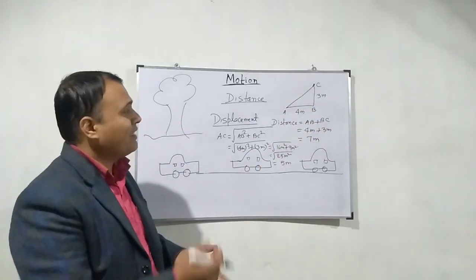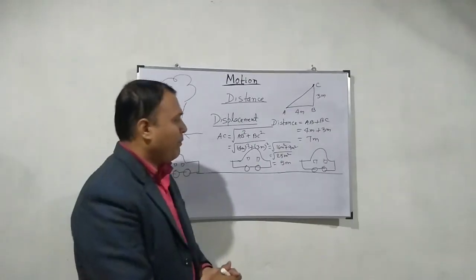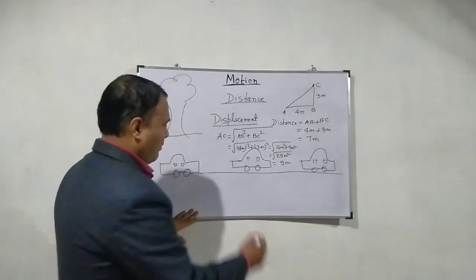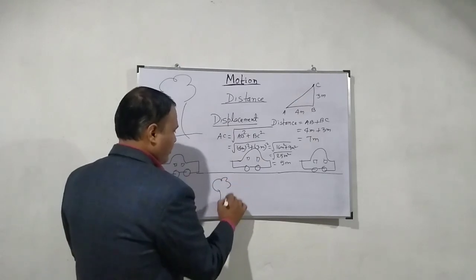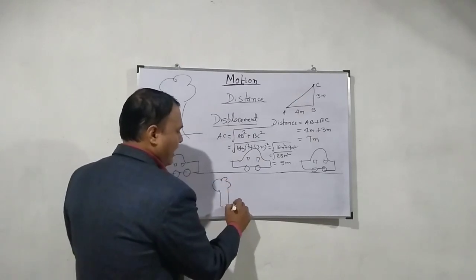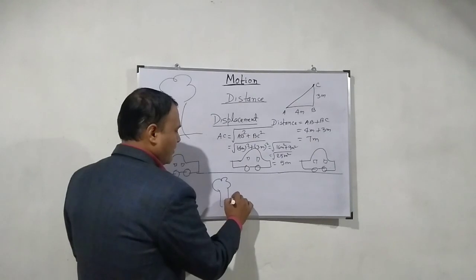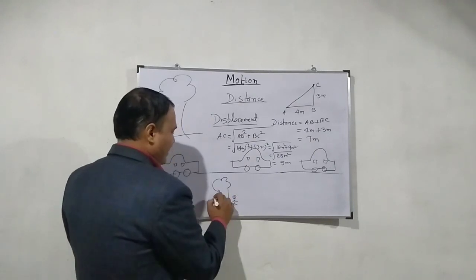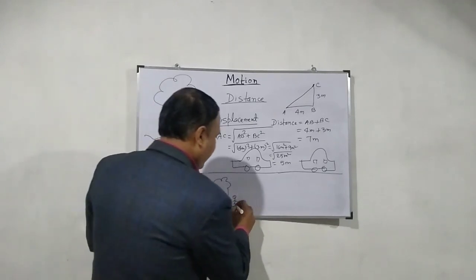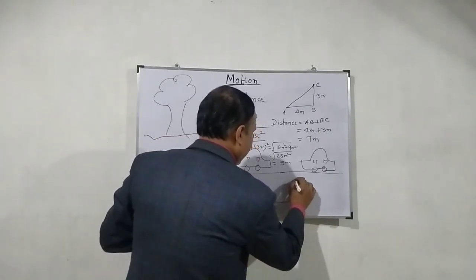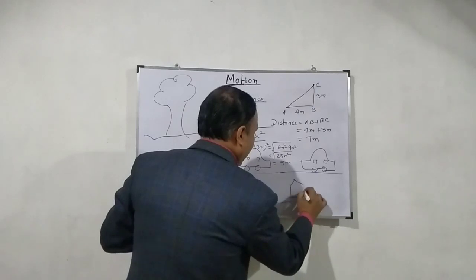But many times, suppose this is a tree and a man starts from here, and this is the west direction. Now the man starts from here to there. This is a house.